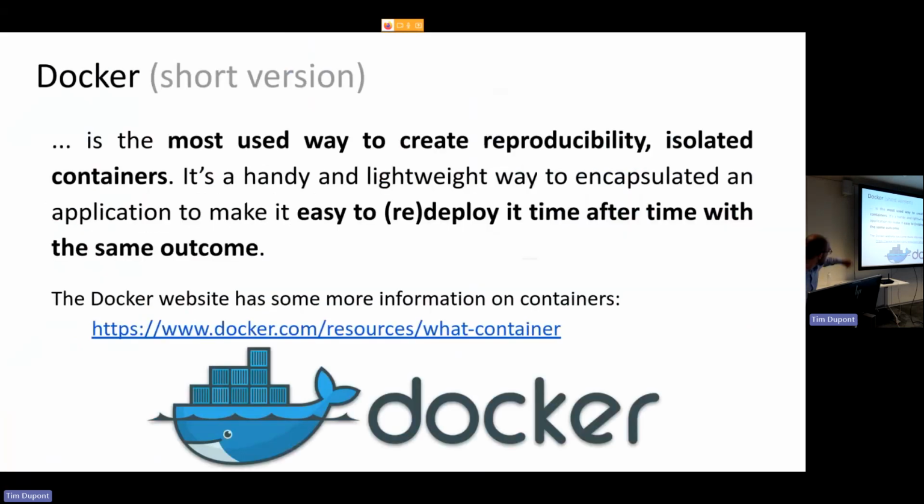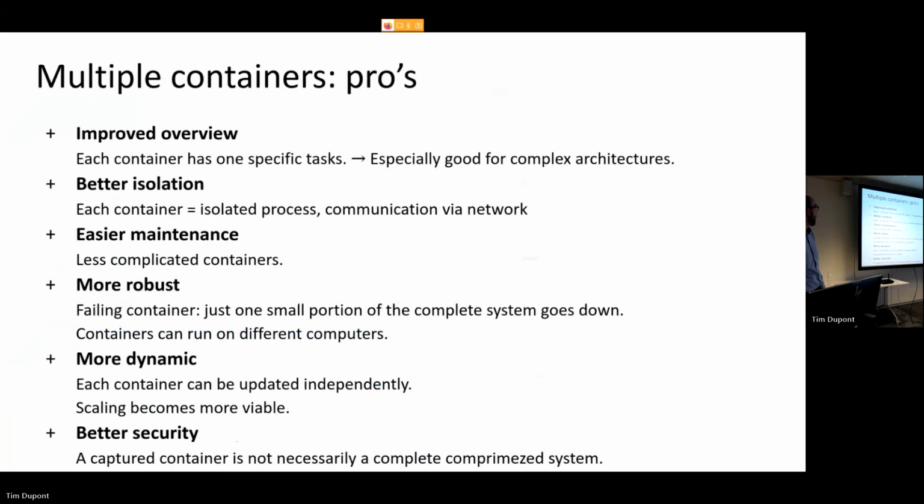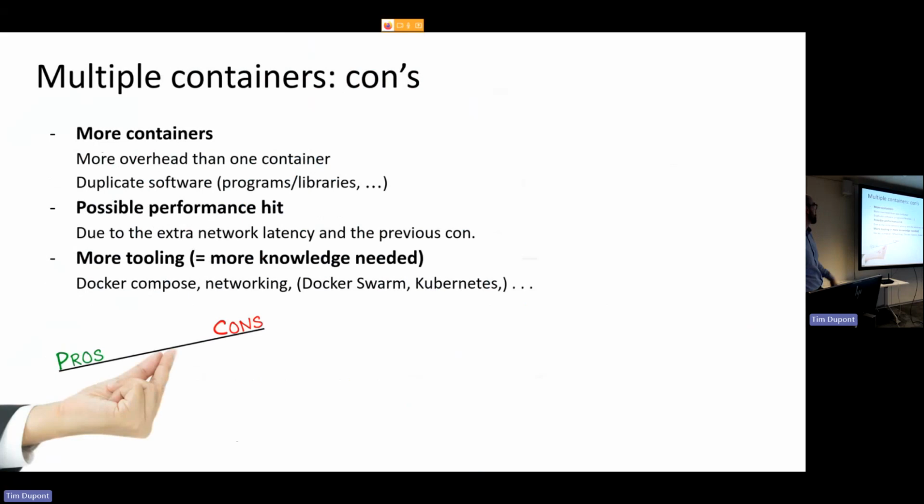The biggest one in the world is Docker, the best implementation of containers currently. So it has a lot of pros, some cons. More tooling, you need to know what Docker is and other stuff. Sometimes also the performance, because you have a little bit of network latency.